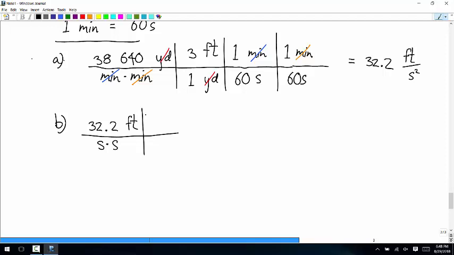So to cancel the feet, do we want to multiply by 3.281 feet over 1 meter, or 1 meter over 3.281 feet? Yeah, we want the feet in the denominator, so it cancels this.